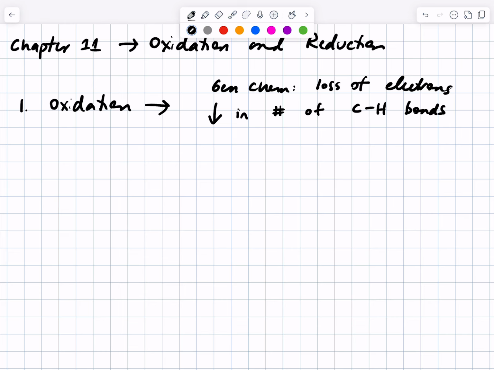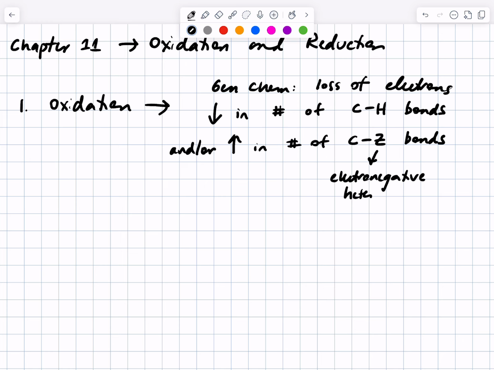Another sign of oxidation, which can occur either together with or independently of loss of CH bonds, is an increase in the number of bonds between carbon and a heteroatom, where we're talking about particularly electronegative heteroatoms, that is, things that are more electronegative than carbon.